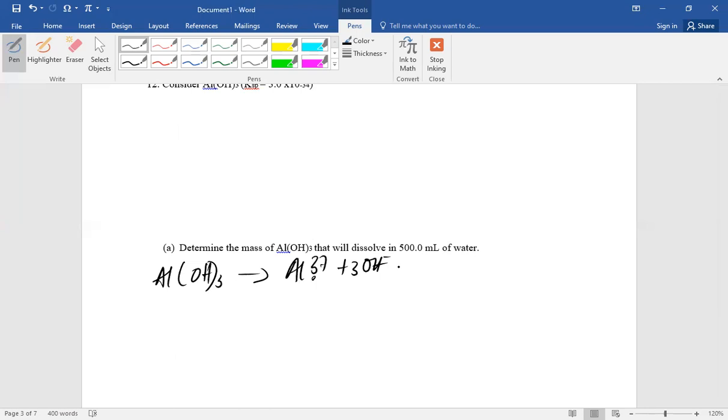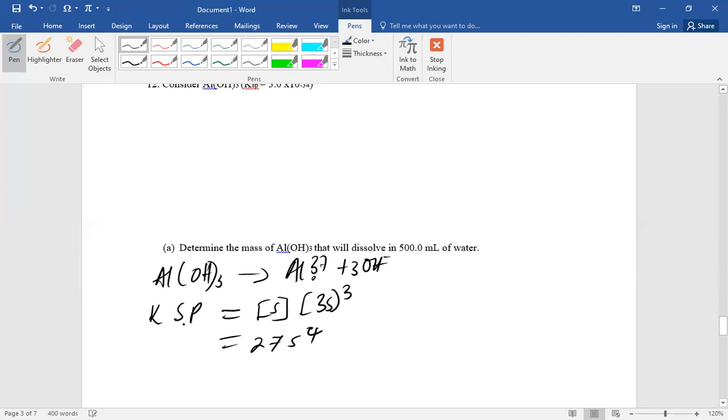Since that's what we have, we write this in terms of S. The solubility product will be the multiplication of S for the aluminium times 3S to the power 3, so 27S to the power 4.